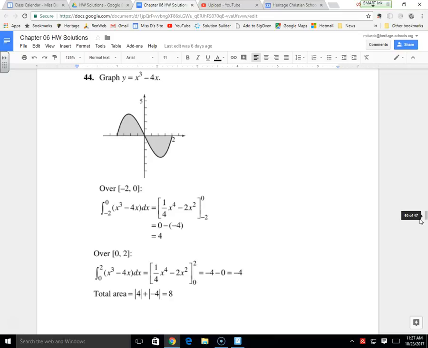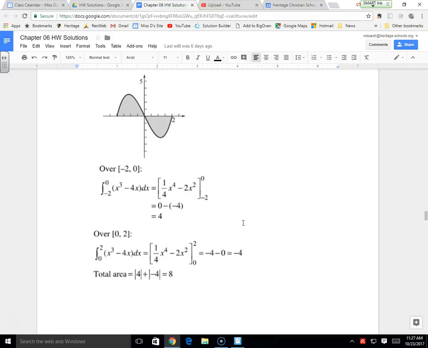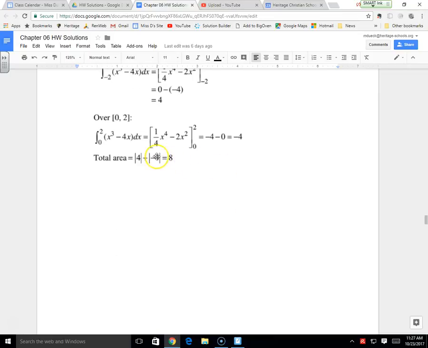Remember the vocab on Friday, I was warning you. So it's total area between, don't just say total area, say total area between, that makes a difference. So absolute value is what you needed to do. You guys that got 0, it was good, it just wasn't what they were asking for. So total area, instead of 4 minus 4, is 4 plus 4, which would be 8.